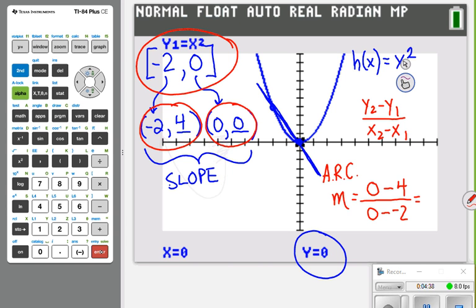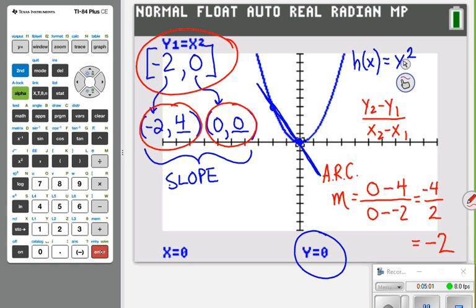So the numerator is -4. The denominator, I see double negative, 0 minus -2 is +2. So the slope, or the average rate of change between those 2 points, is -2. That's the answer to the first part of that problem.